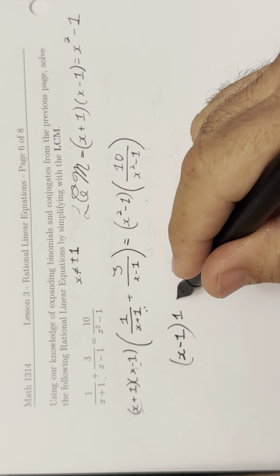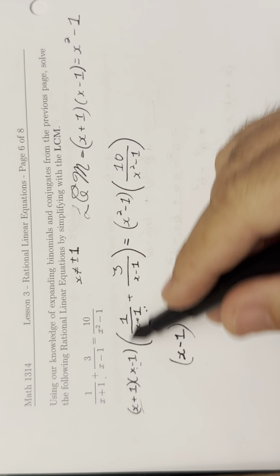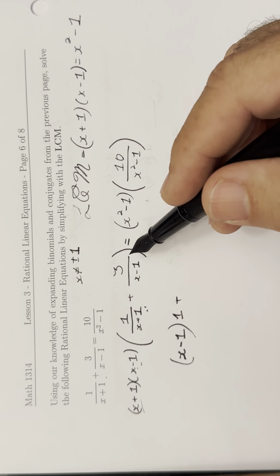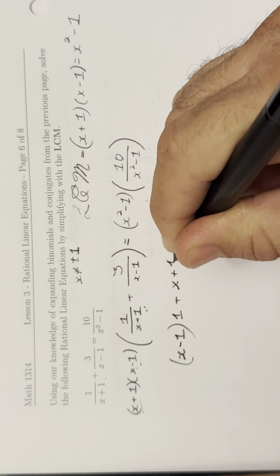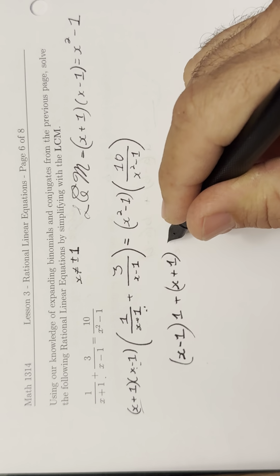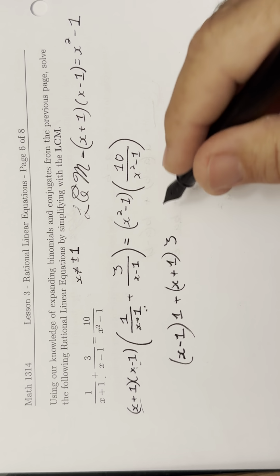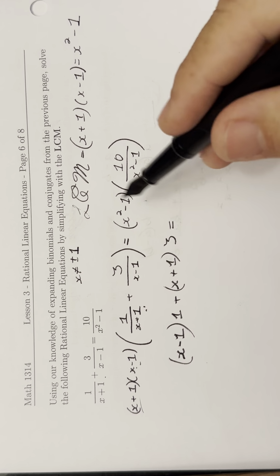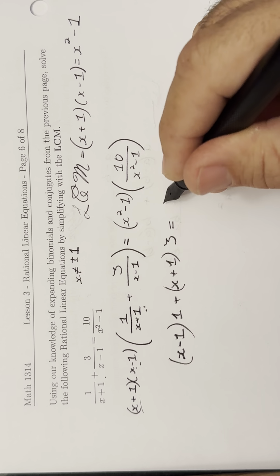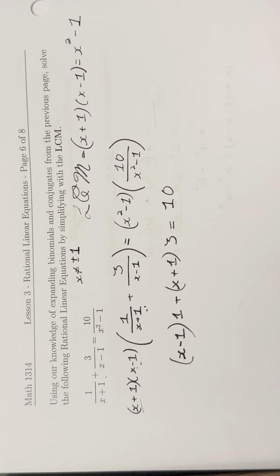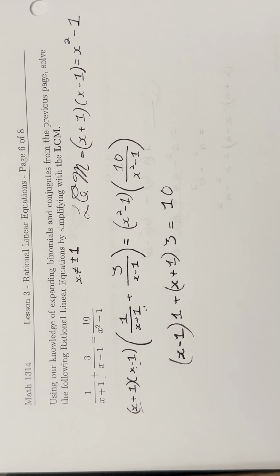And then we've got x minus 1 divided by itself, so that just goes away, leaving x plus 1, and then that is being multiplied by 3. Come over to the right-hand side of the equation. X squared minus 1 divided by itself is 1, leaving 10. So we have a much simpler looking equation now.